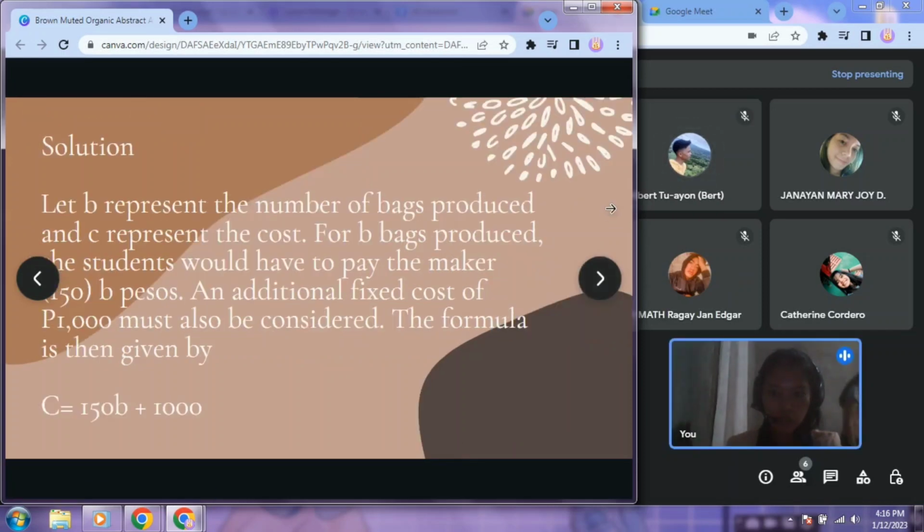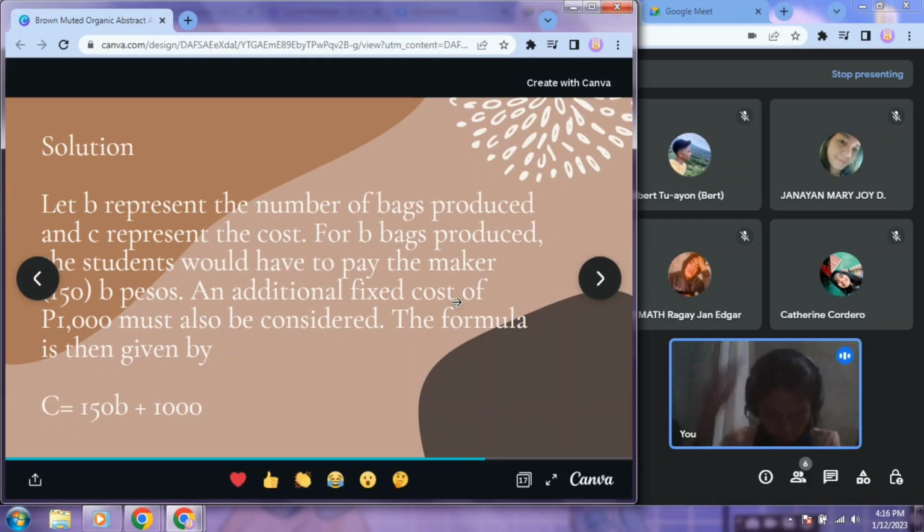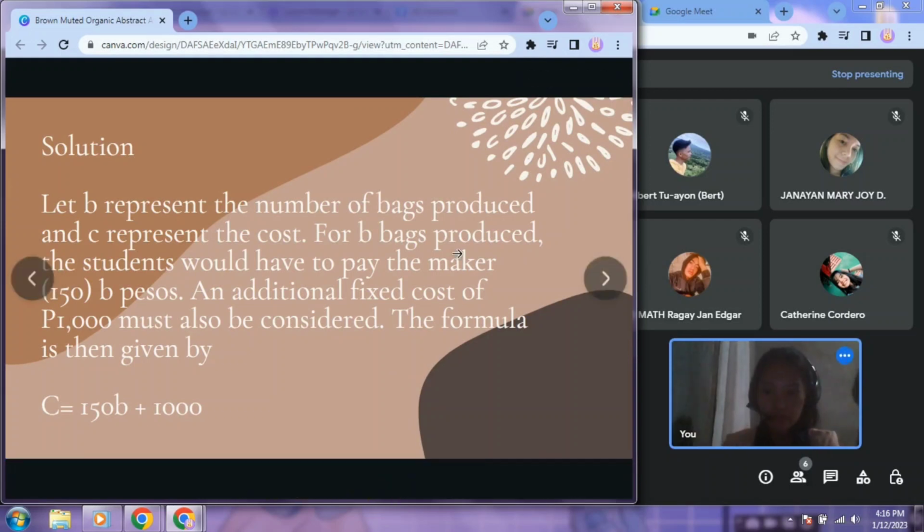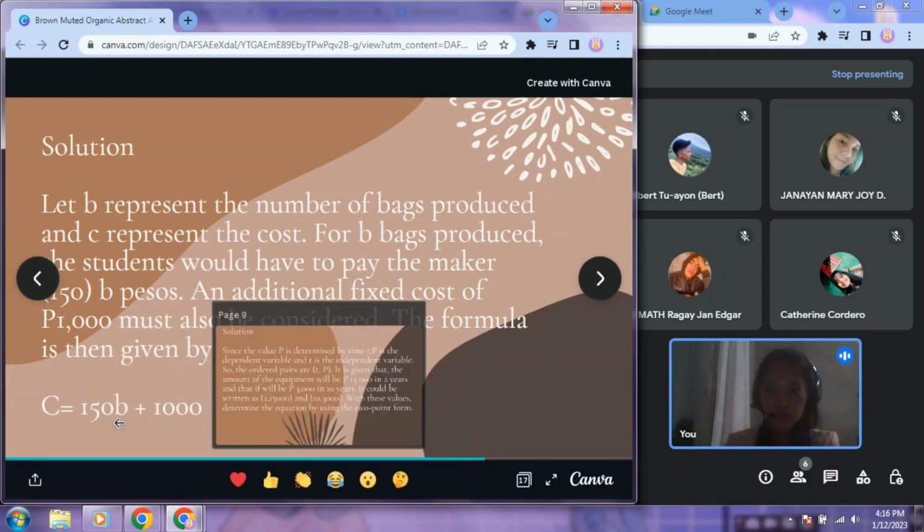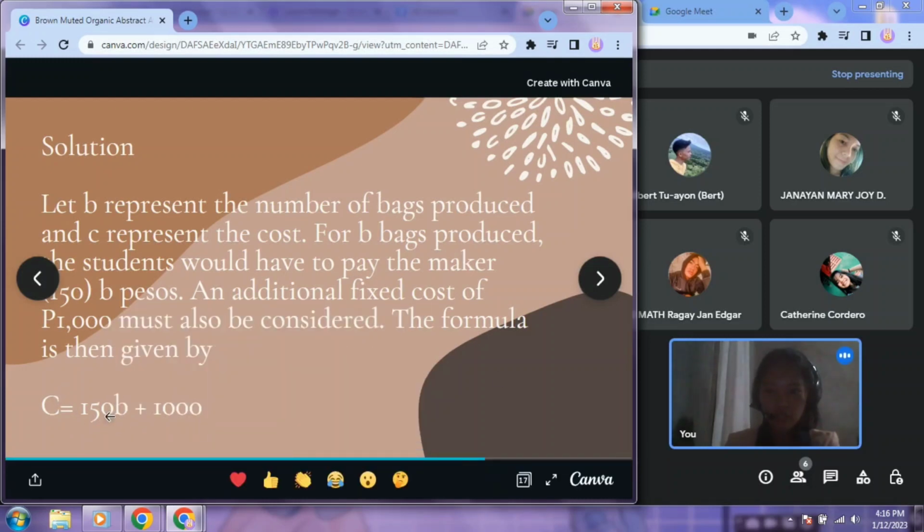So for the solution, let B represent the number of bags produced and C represent the cost. For B bags produced, the students have to pay the maker. Then C equals 150 B plus 1,000. That is the formula.